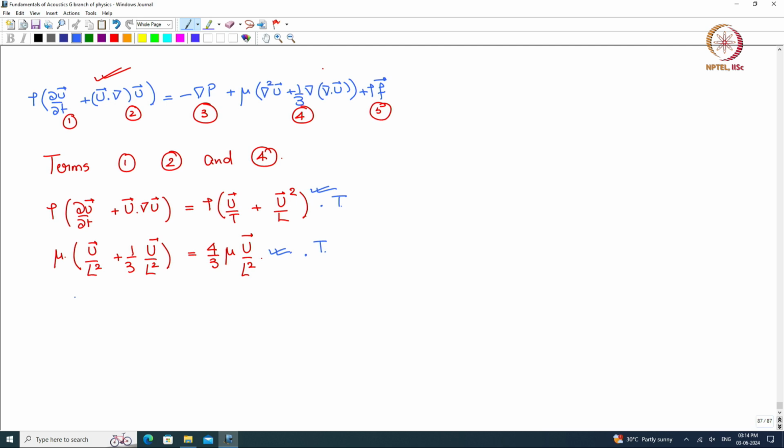So I multiply this by a time scale T. Then this term ends up as rho u bar plus rho u bar squared into T by L, or L by T in the denominator. This L by T I am going to take as the speed of sound.